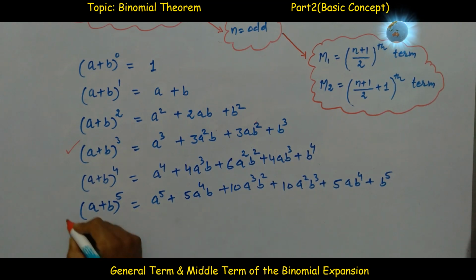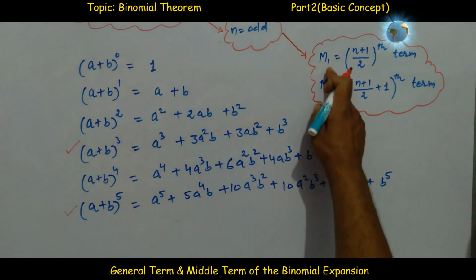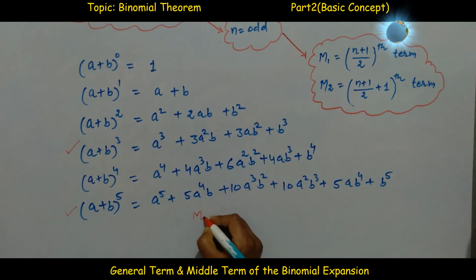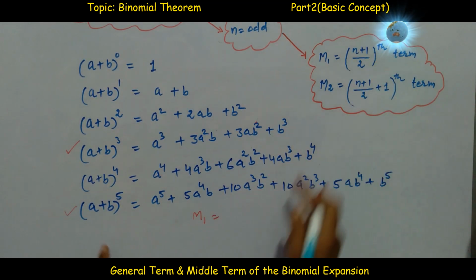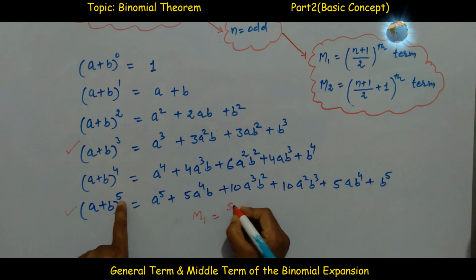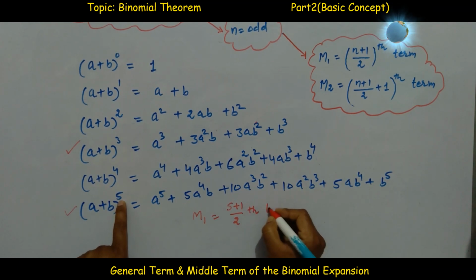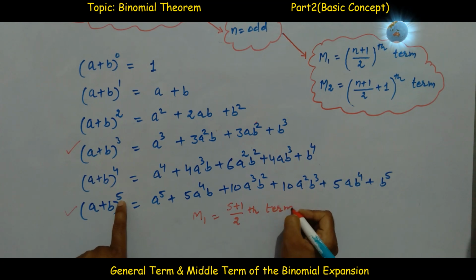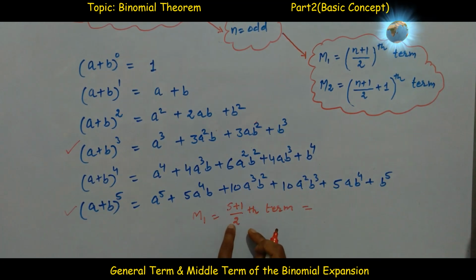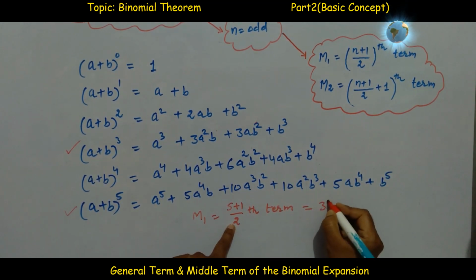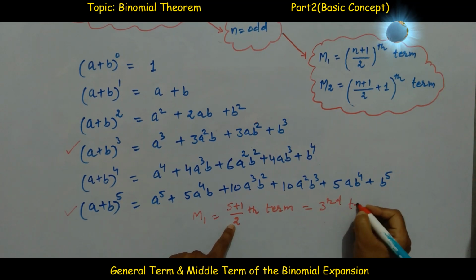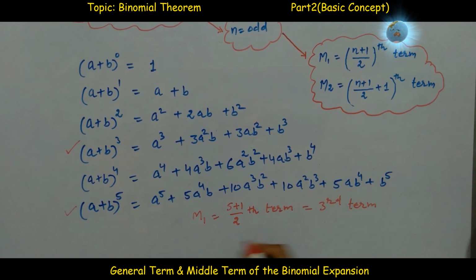Again let us check for (a+b) whole raised to power 5. So the first middle term will be equal to the ((n+1)/2)th term, that is (5+1)/2. The meaning of this is 5 plus 1 is 6, 6 by 2, the third term. And m2 means after the third term, what is the next term?